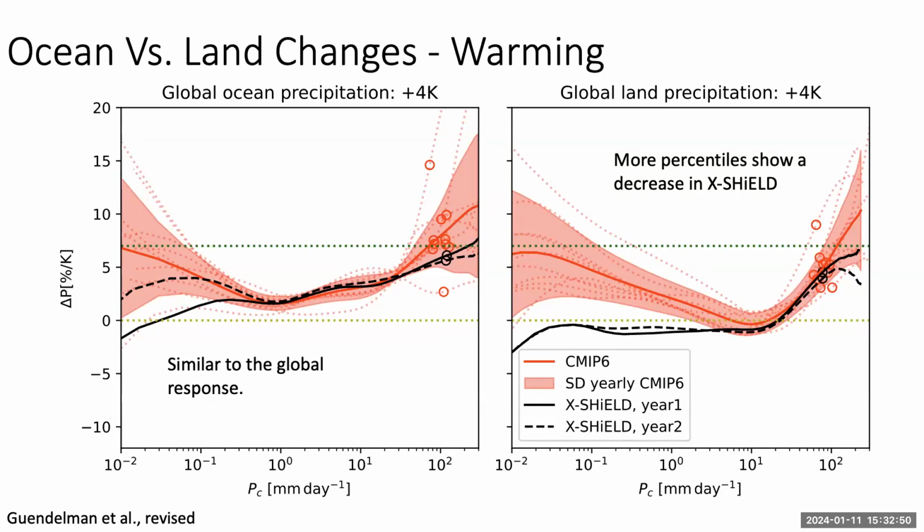But when we look at the land response, what first popped to the eye is that the discrepancy between X-Shield and CMIP6 models becomes larger, and starts to become significant even for percentiles that we care about, so things that are larger than 1 millimeter a day.